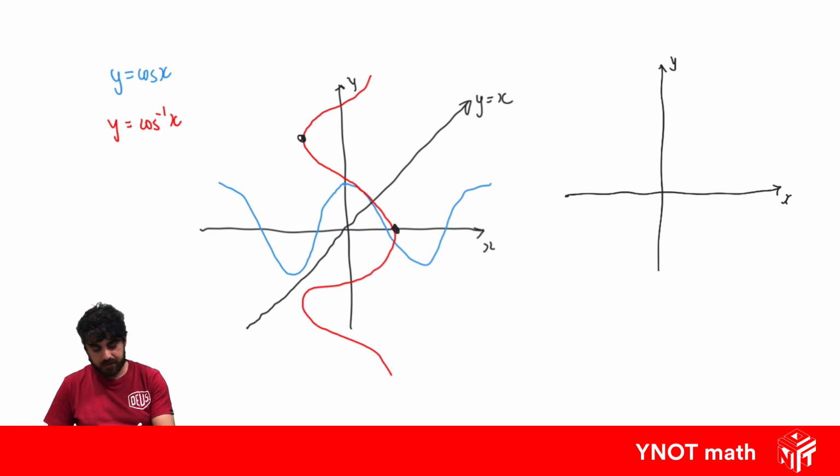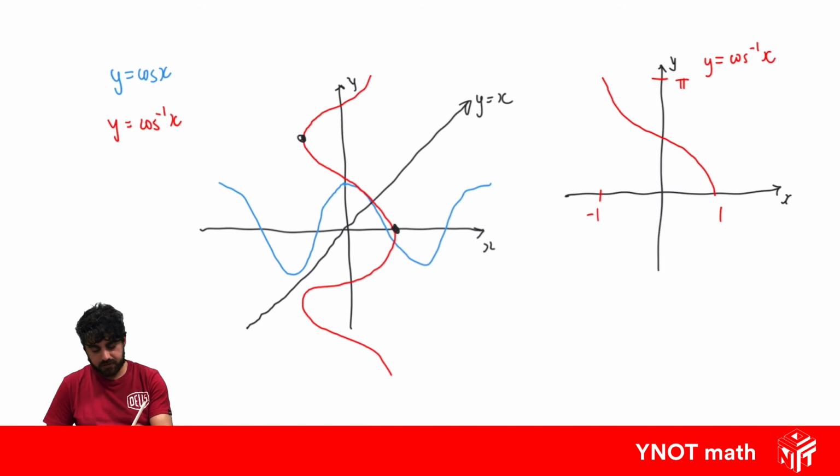And we're going to get something like this for our inverse cos x function. And again, its domain will be going from 1 to -1, but our range is actually going to go up to pi.